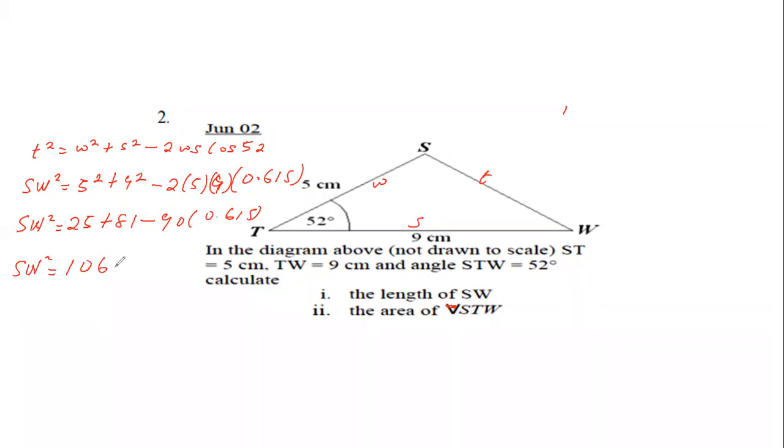55.35. Okay, so SW square. When we minus, what do we get? 50.65.